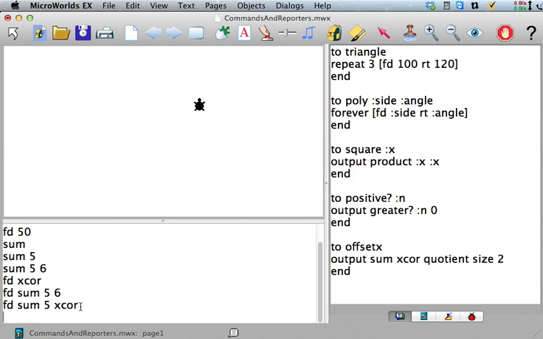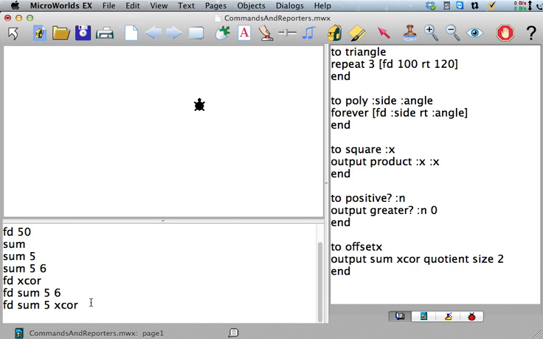But the distinction I wanted to make sure we're clear on this time is that some procedures are primitive, some procedures are written, like these procedures written in here. And from the primitive procedures we've seen so far, some are commands and some are reporters. Reporters may or may not need inputs, and commands may or may not need inputs.